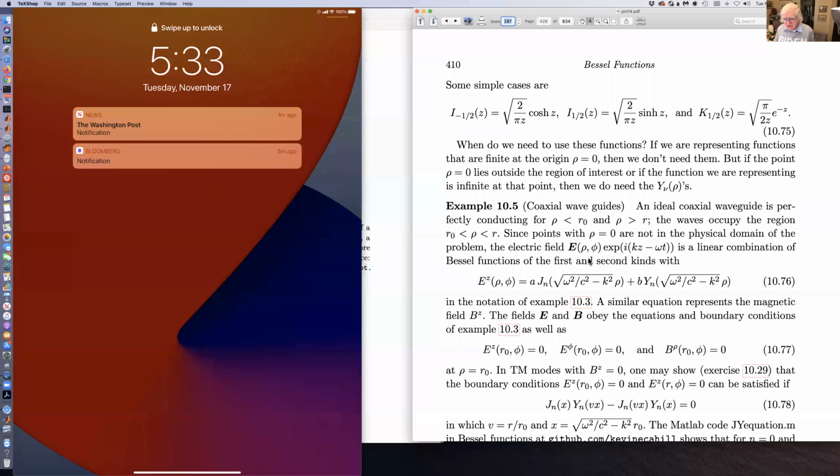And so we have to include Bessel functions of the second kind as well as Bessel functions of the first kind. And it turns out that the Bessel functions of the second kind come in with essentially the same argument as those of the first kind. The electric field is, we take z as the direction straight down the cable, and so the z and t dependence, t being time, is e to the i(kz minus omega t), and that's multiplied by an E of rho and phi.